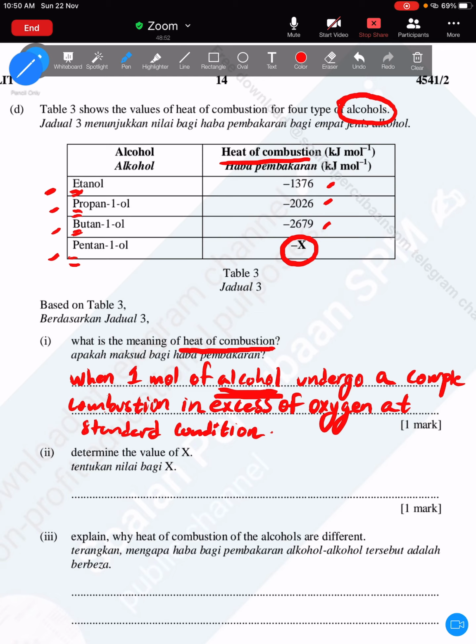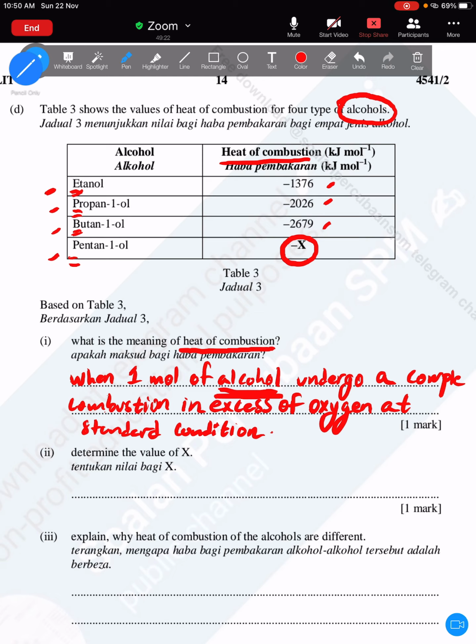In general, if they didn't ask you specifically, don't answer specifically. Ini pun general. Alkohol ni kan general. Faham tak? Kalau saya letak, let's say in this question, when 1 mole of ethanol undergoes a complete combustion, saya dapat kusum markah, sebab I'm too specific. Alcohol is in general. Please keep that in mind.